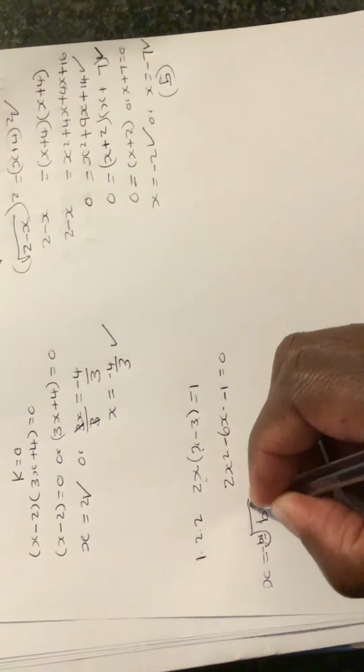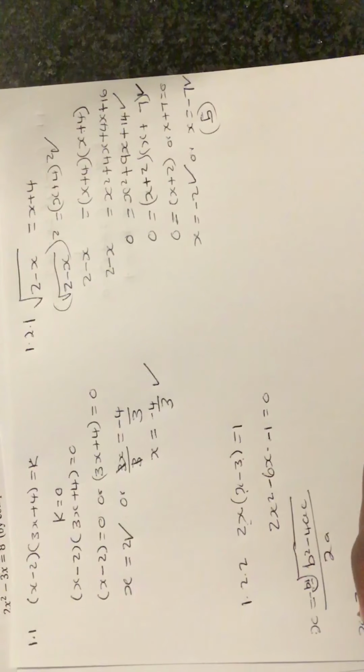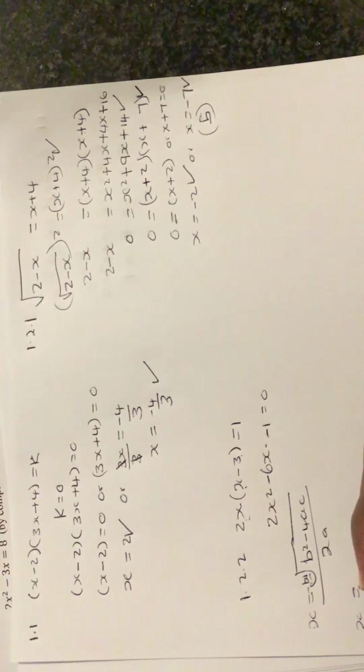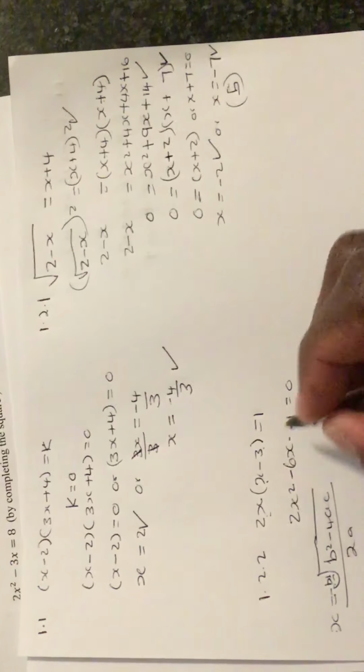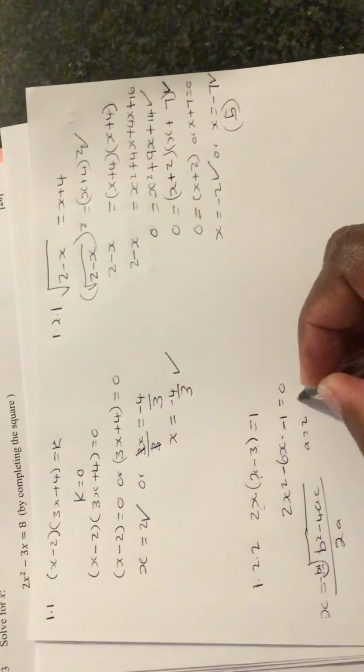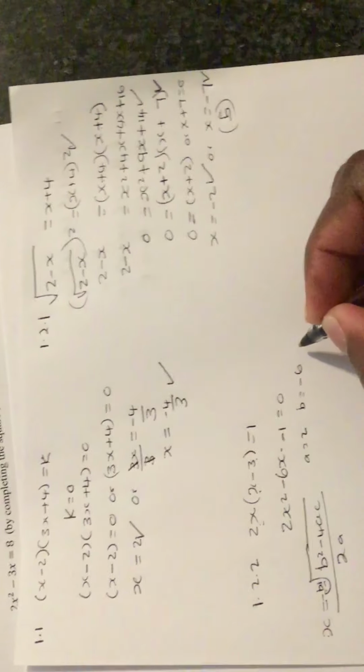Now x will be equals to your a, it's 2, your b, it's minus 6, and your c is minus 1.